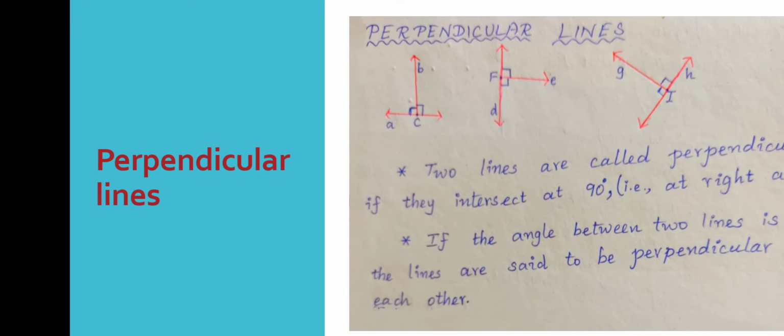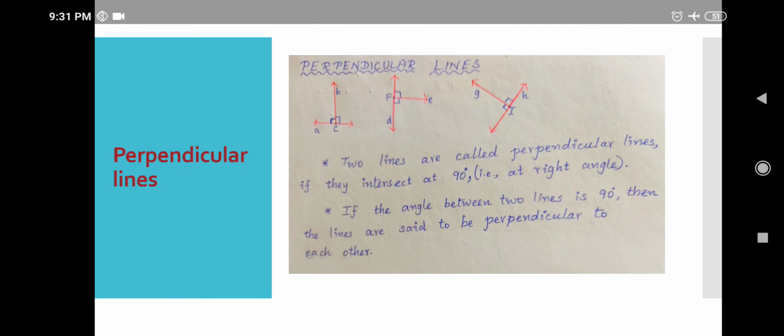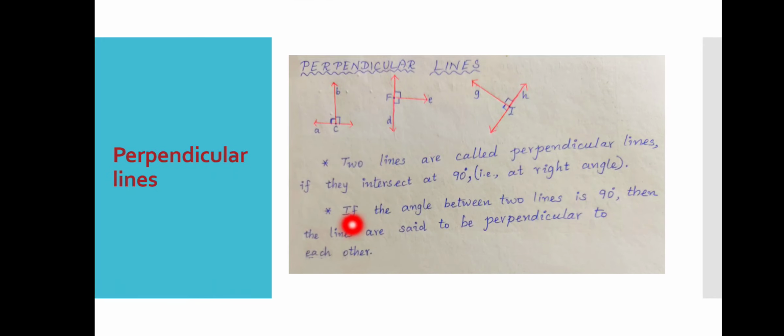See, line A and B intersect at the point C at angle 90 degree. So, A and B are perpendicular to one another, or A is perpendicular to B. Line A is perpendicular to line B. So, we can conclude that if the angle between two lines is 90 degree, then the lines are said to be perpendicular to each other.